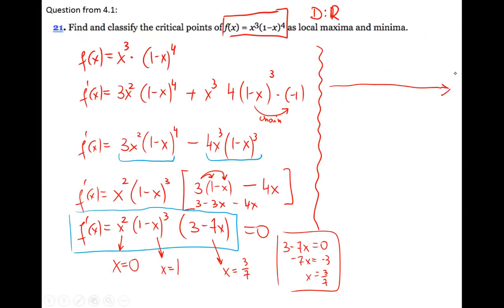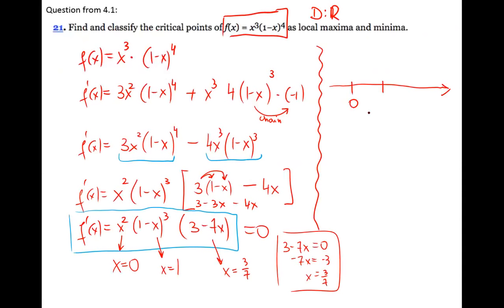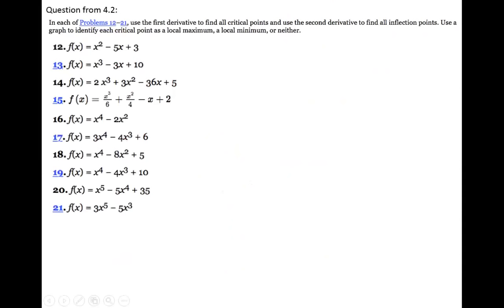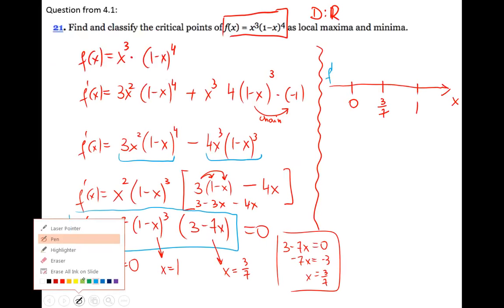Okay, I'm writing that we do have 0, 3/7 and 1. That's my first derivative, and I'm going to test.